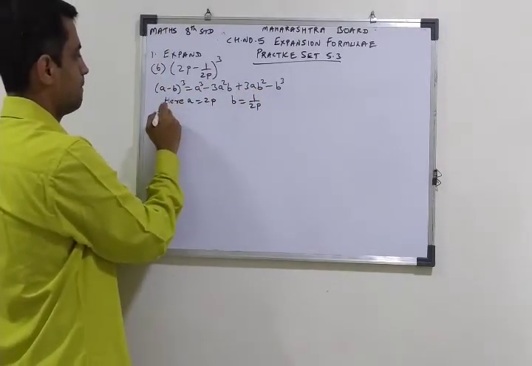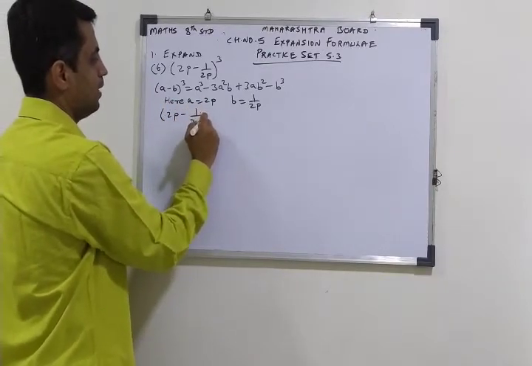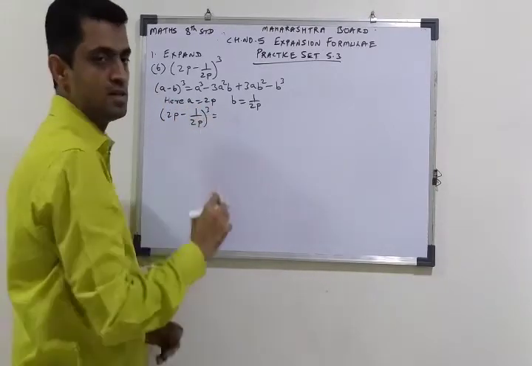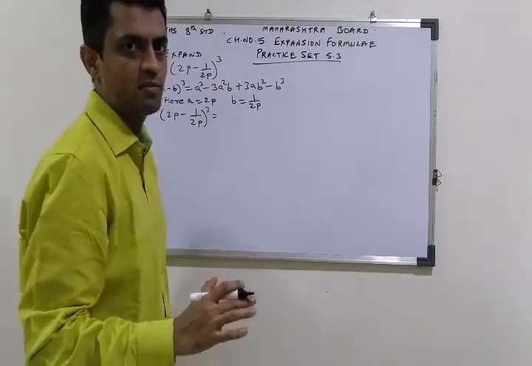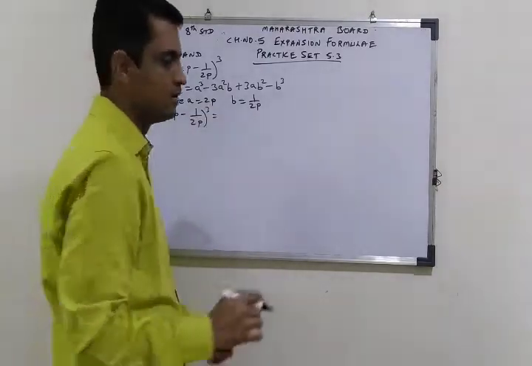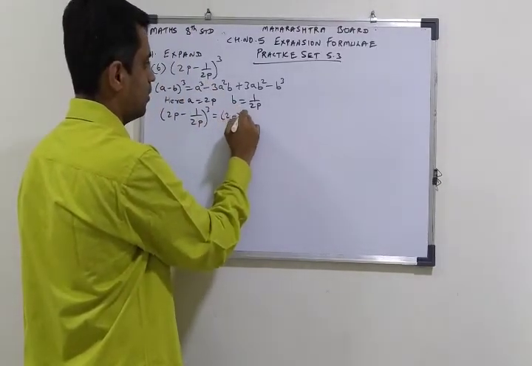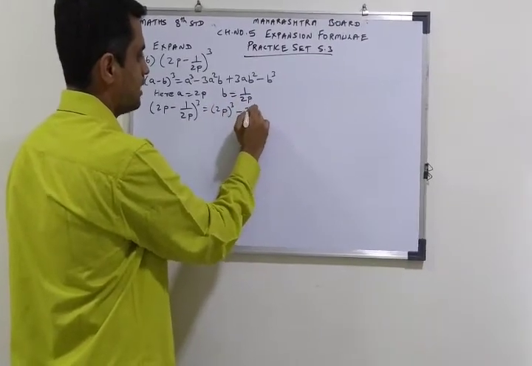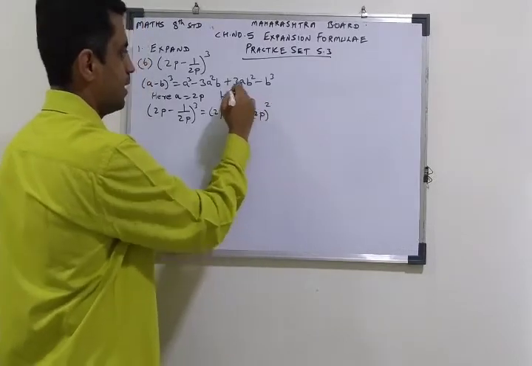Let us solve. 2p minus 1 upon 2p the whole cube is equal to, please be very careful when you are solving the sum because it is in fraction. Be very careful by assigning the values. So here instead of a we will write 2p the whole cube minus 3. Instead of a we will write 2p the whole square.